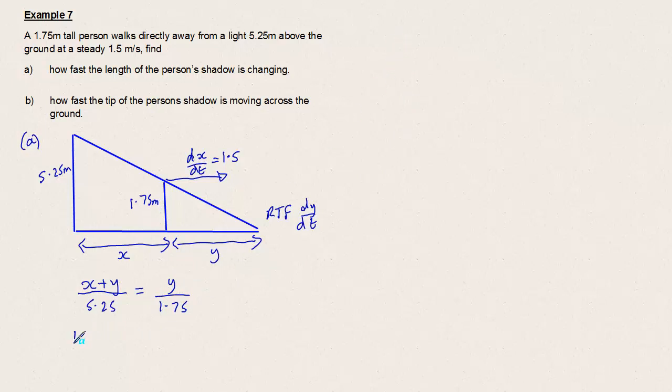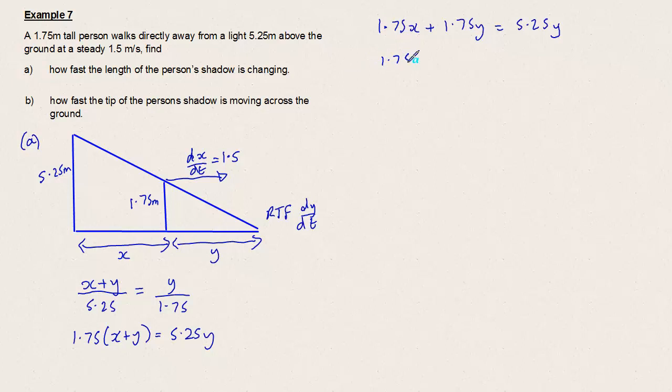We can rearrange that. 1.75 times (x plus y) is 5.25y. So 1.75x plus 1.75y equals 5.25y.